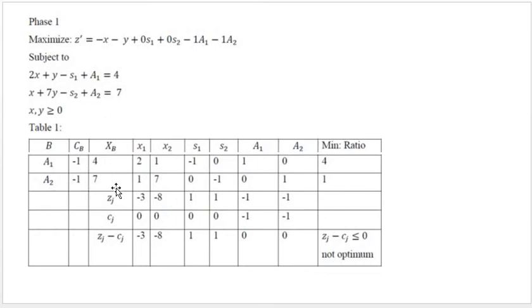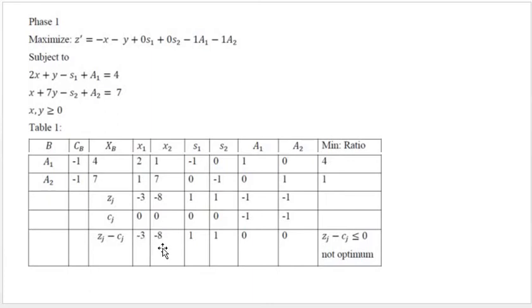Now introduce a1, a2 in the basic variable column, and its cost is minus 1, and the initial solutions are 4 and 7. Enter the other coefficients corresponding to variables, and assume the cost associated with the objective function is 0 for all variables except artificial variables. For artificial variables enter it as minus 1, and then calculate Zj as Cb transpose Xj, and then calculate Zj minus Cj.